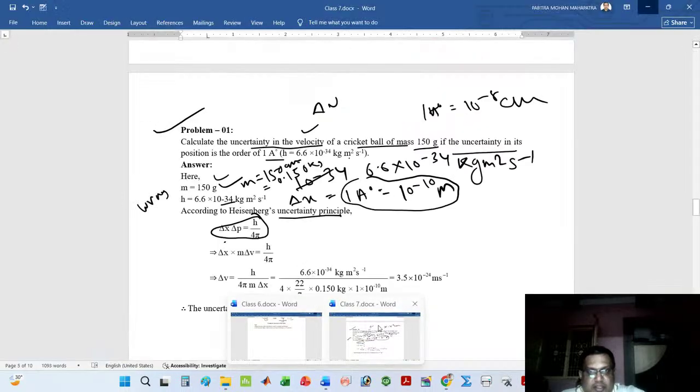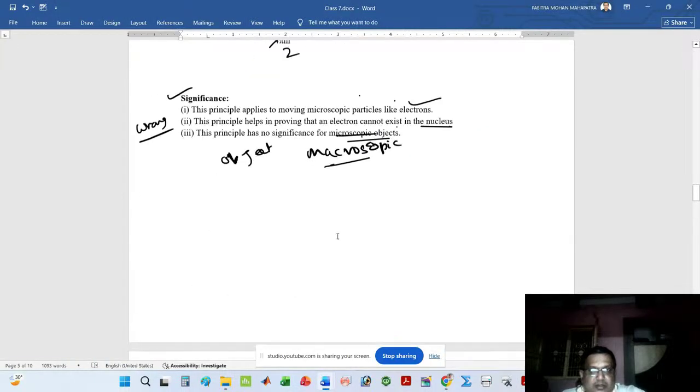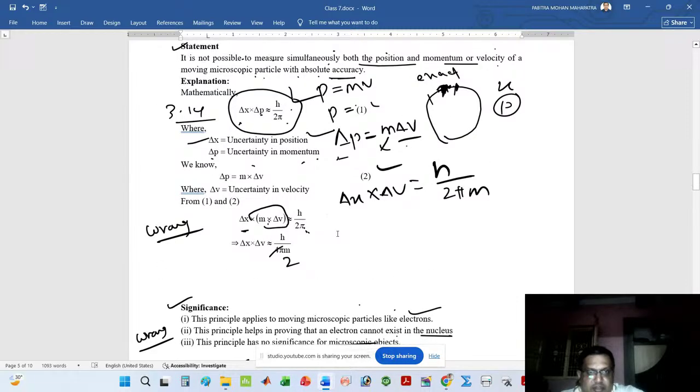Again, I want to change this, here also, not 2, that is 4 pi. That means all of these are 4 pi. Again, I repeat: del x into del p is nearly equal to h by 4 pi.